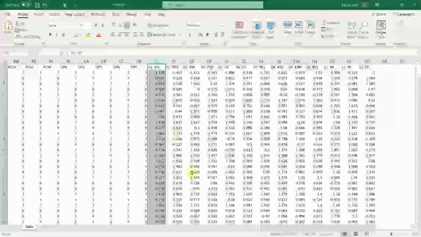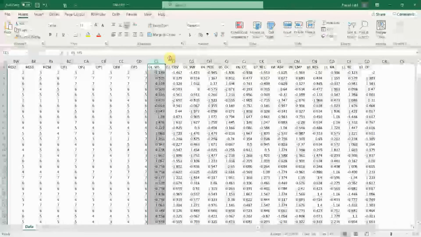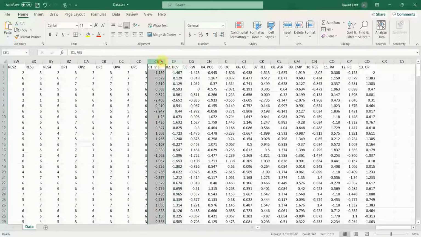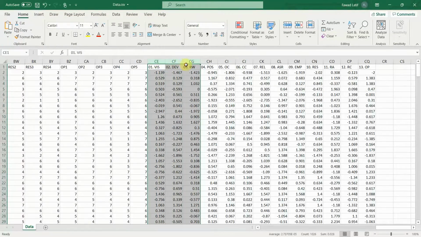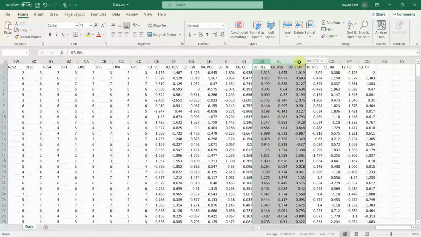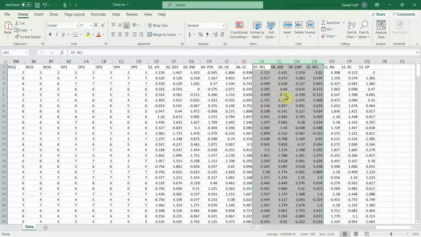Each of your lower order constructs is now transformed into a single variable. These three will now serve as indicators for the higher order internal marketing construct, or rather they will form the internal marketing construct. In the last session I used reliability, assurance, empathy and responsiveness as indicators for internal service quality, which was a higher order reflective construct.